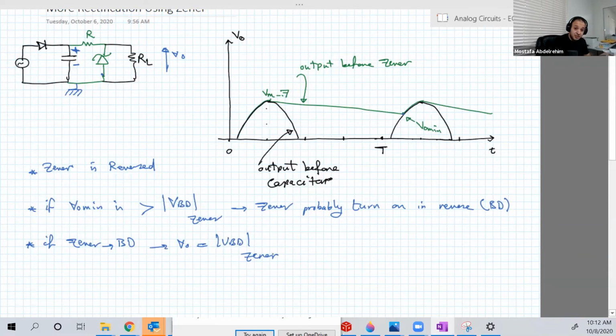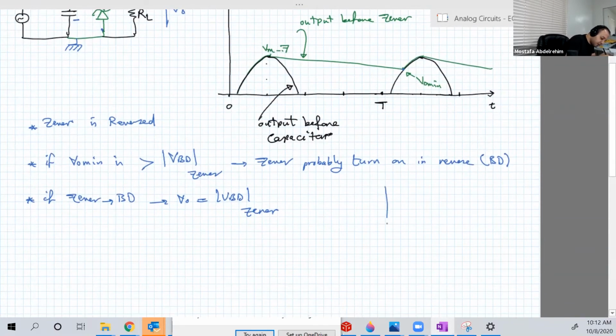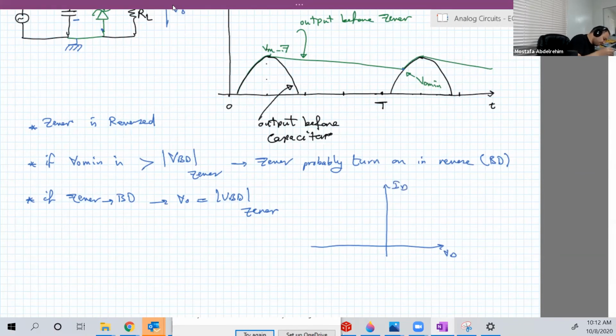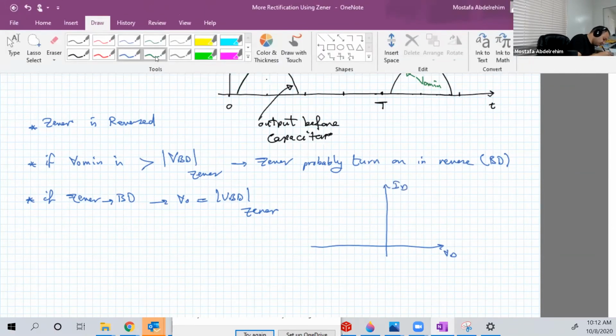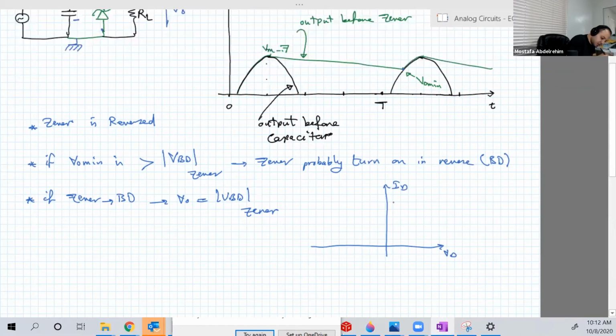So if we review the characteristics of the Zener, VD, ID of the Zener, it was something like this. Here is 0.7, and here is the V breakdown.